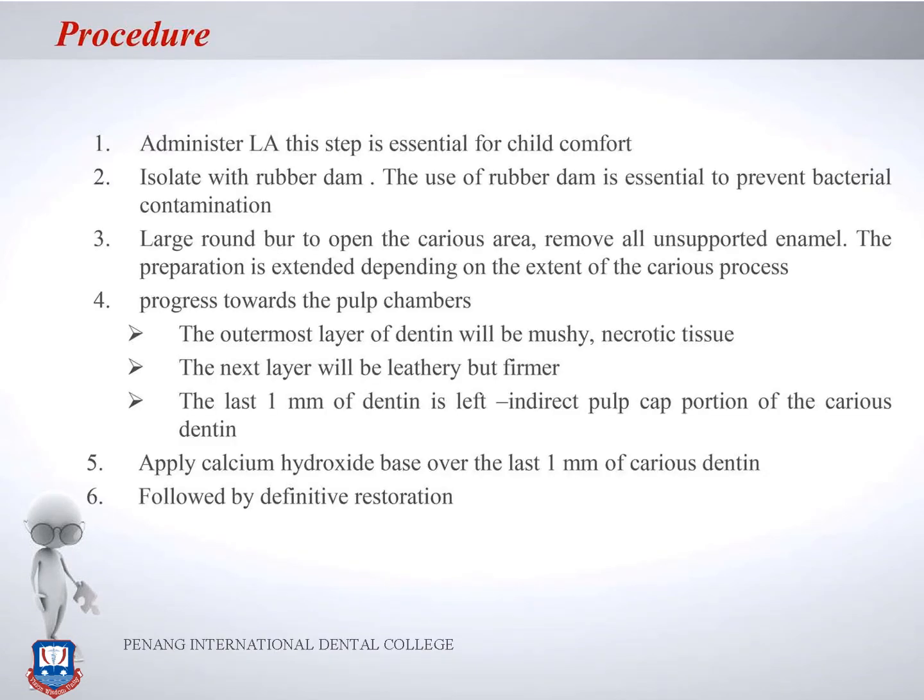So how do you do it? This slide basically tells you how to do it, but the key point you must remember is to ensure the wall of your preparation is caries free, so that the bond between your restorative material and the wall of your cavity preparation is very tight, so there is no chance of microleakage.